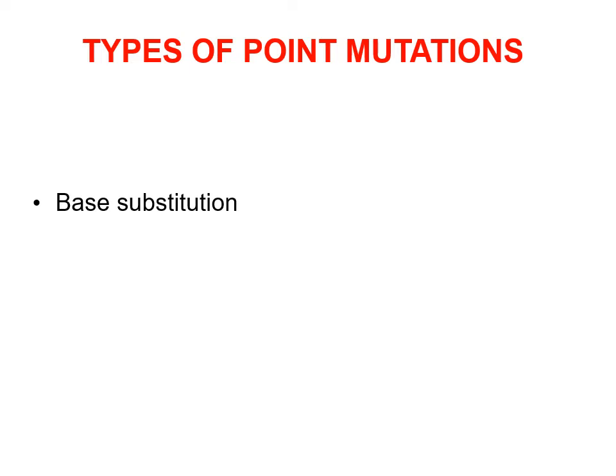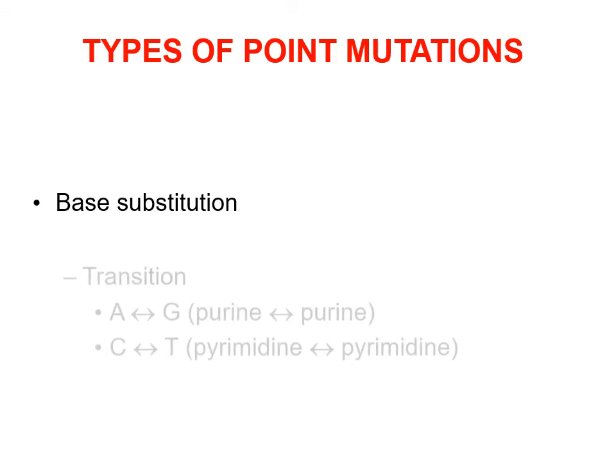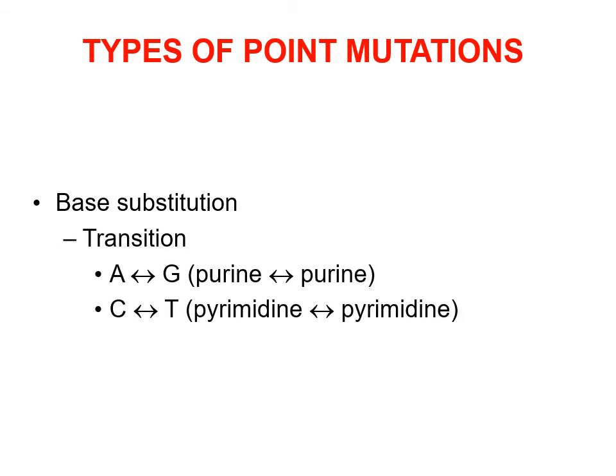As I already said, a point mutation occurs when there is a change in the nucleotide base in the DNA structure, that is, a base substitution. So in place of one particular base, if another base is present, it is a point mutation. Based on the type of base being substituted, we have two types of mutations. The first is called transition. In a transition, there is replacement of a purine with a purine, or a pyrimidine with a pyrimidine.